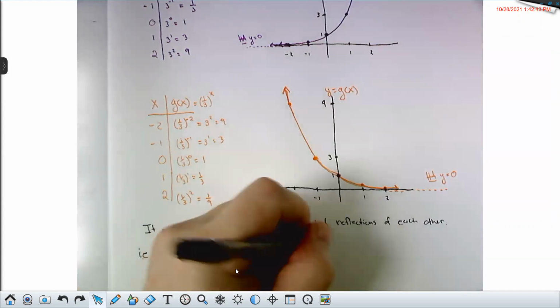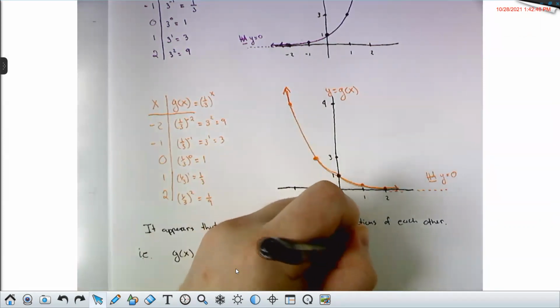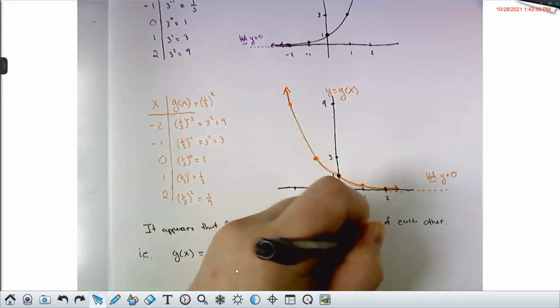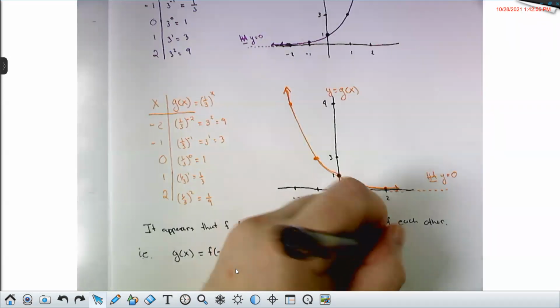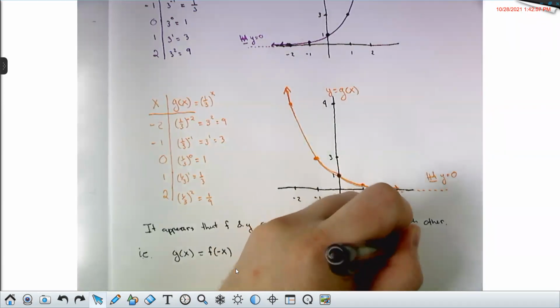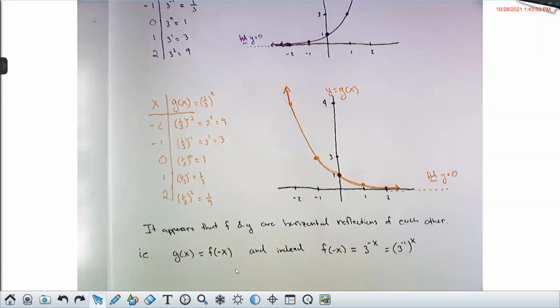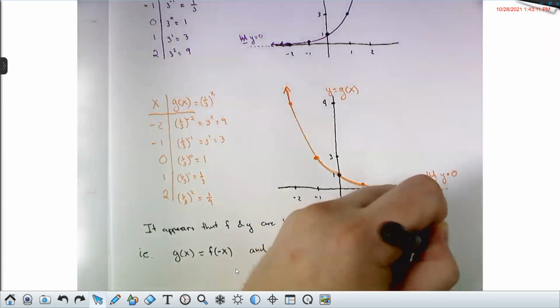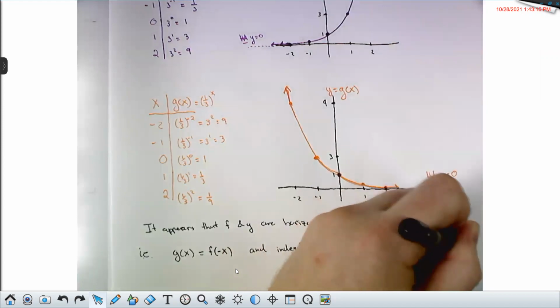Well, let's see. Indeed, f of -x would be 3 to the -x, which is 3 to the -1, all to the x, right? That's the rule: a to the b, all to the c, is the same as a to the b times c. And that is 1/3 to the x, which is g of x.